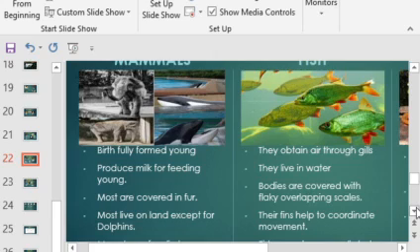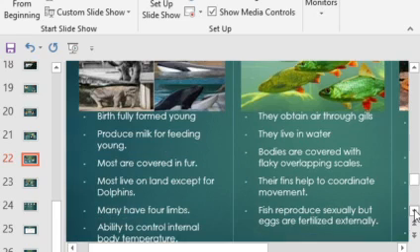Their fins help to coordinate movement, so they don't have limbs like larger organisms such as humans. Fish reproduce sexually, but their eggs are actually fertilized externally.